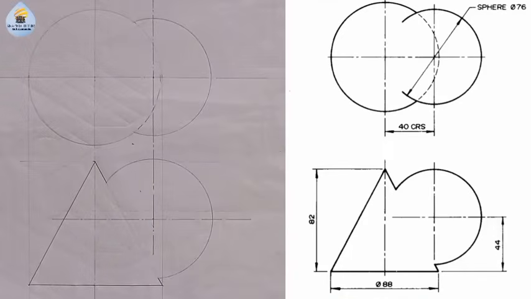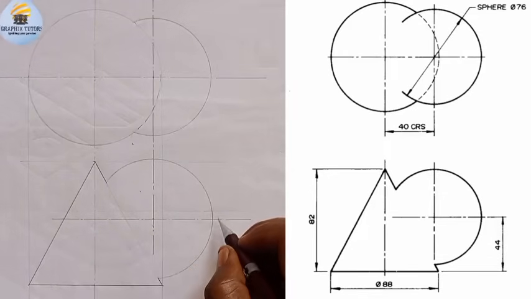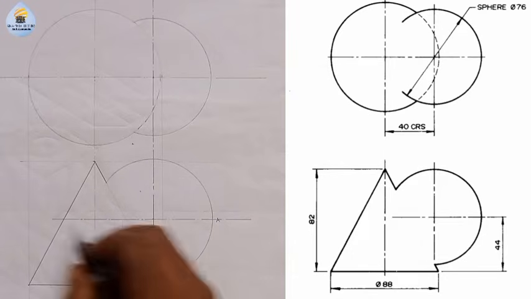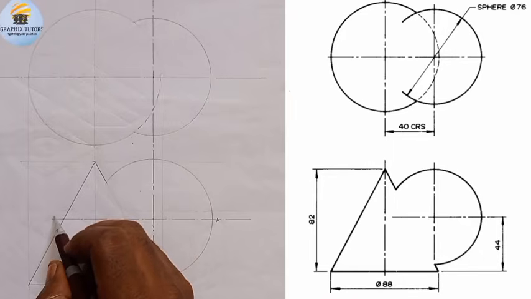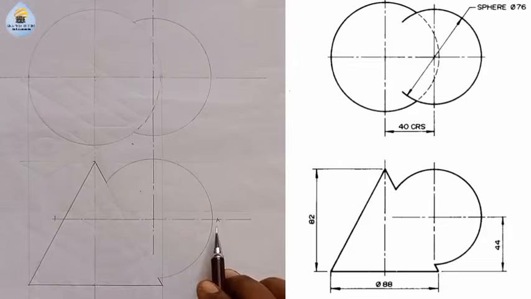So that is what I want to do now. The first thing I'm going to do is, from this point here, let me call here my A, and here my A1.